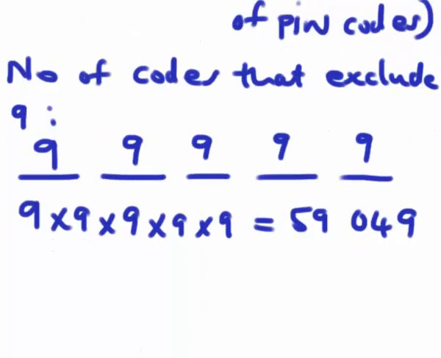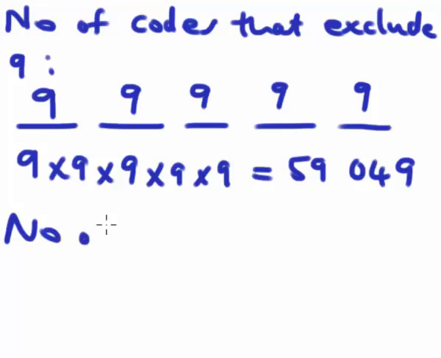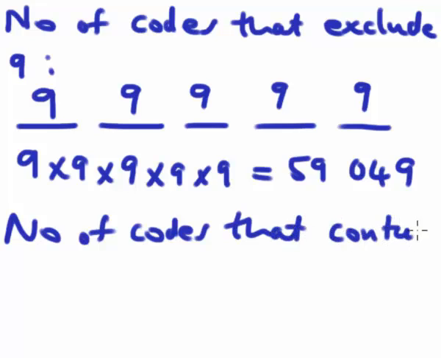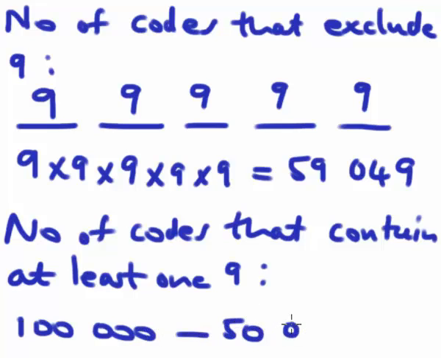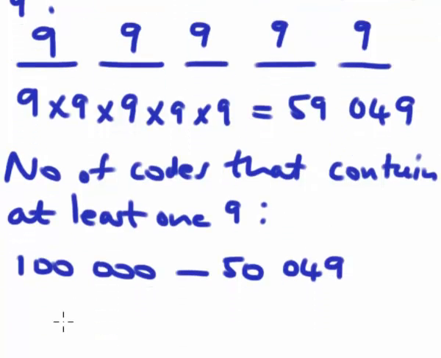So if we look now at the number of codes that contain at least one 9, that would be the total number of codes, subtract the number that do not contain 9, which would be this number there. That comes to 40,951. So these are the ones that contain at least one 9.